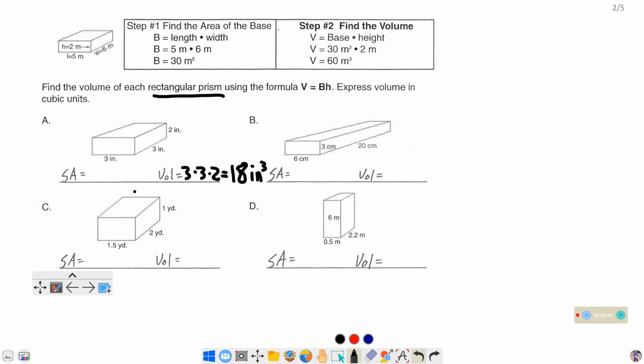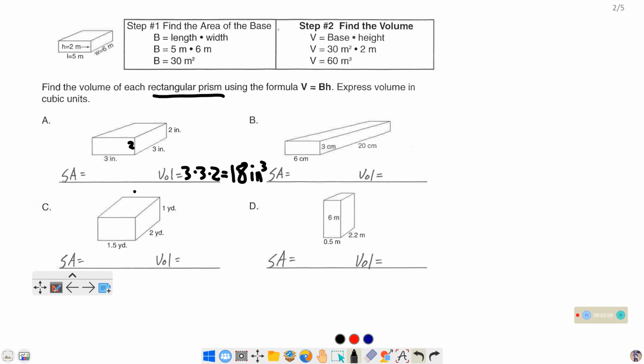Next, I personally like to write the area on the diagram. So notice that in problem letter A, you also have the number 2 right here as the height. And that's useful because you need to think, okay, what are the faces that I see and what are the faces that I can't see?